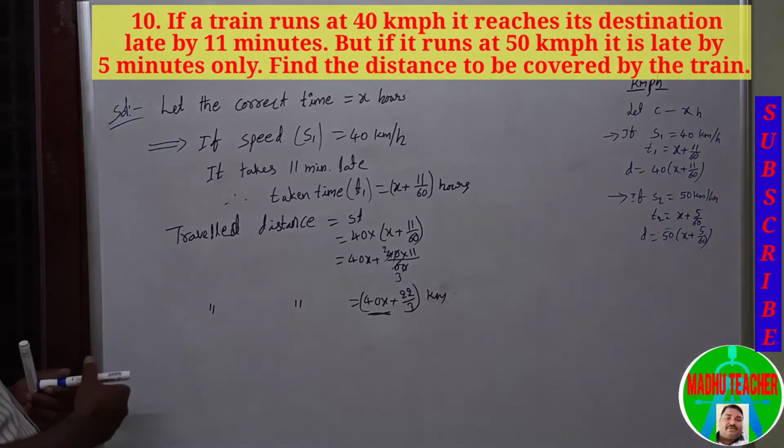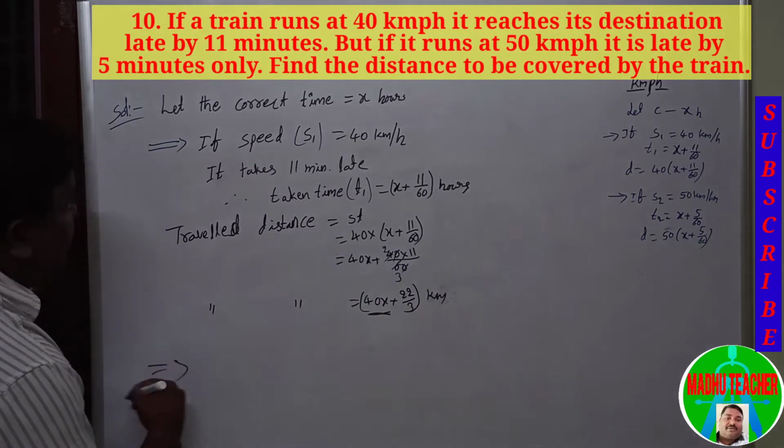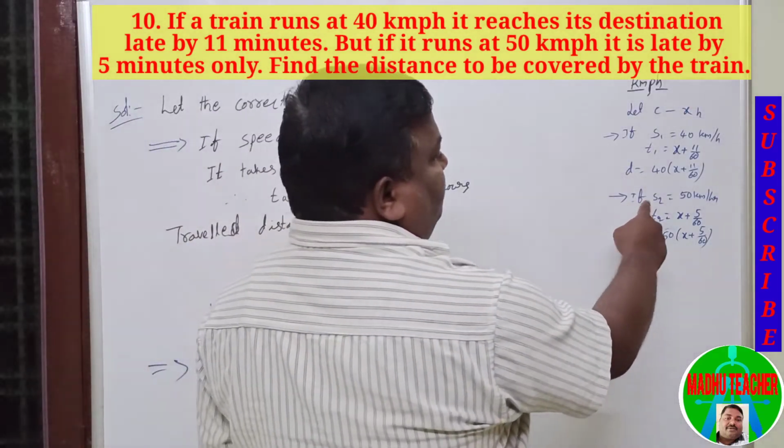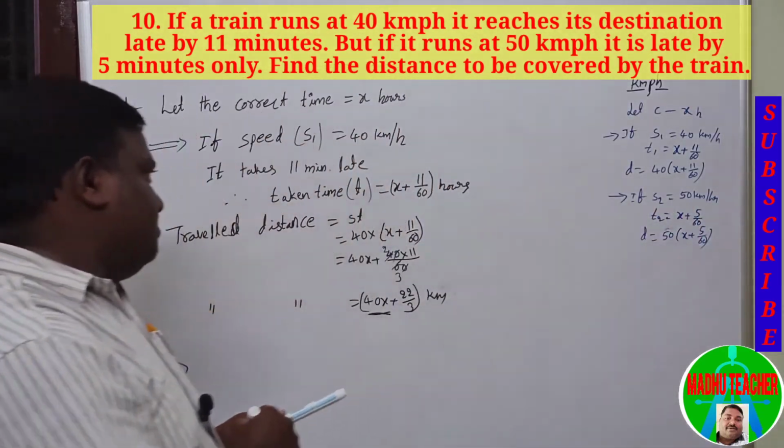Second condition. What is the second condition? If the speed of the train is 50 kilometers per hour.